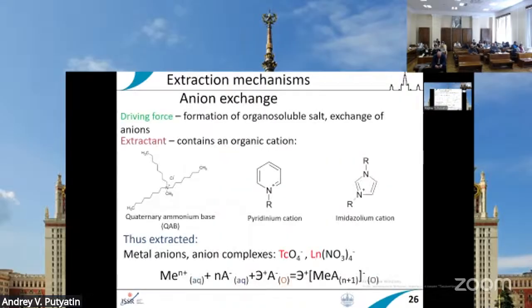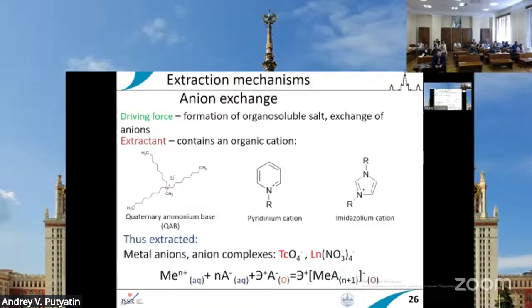And if we have cation exchange, we also have anion exchange. Here also the driving force is the formation of an organosoluble salt, but with exchange of anions. That means that the organic phase should contain an organic cation. And here you can see three types of the most widespread substances. The first one is a quaternary ammonium base.